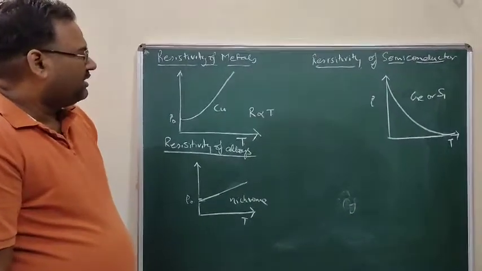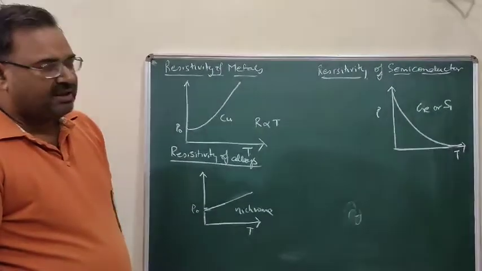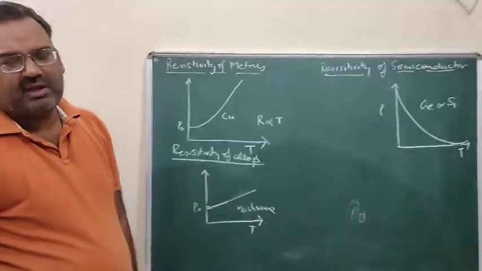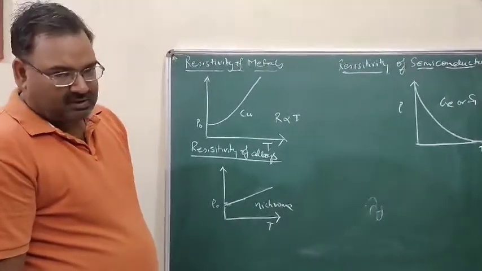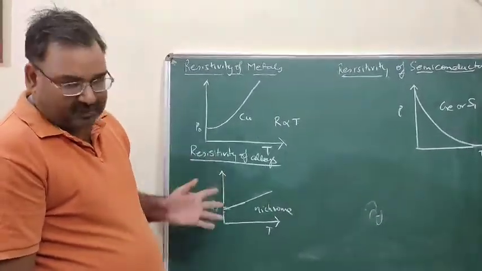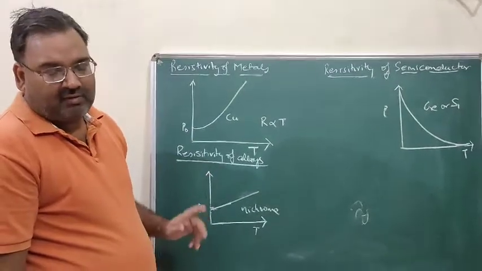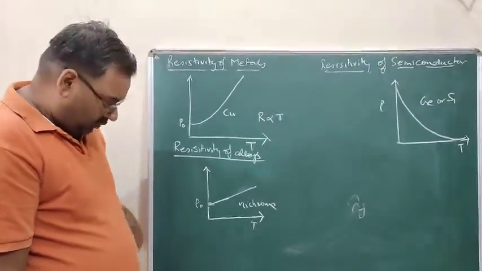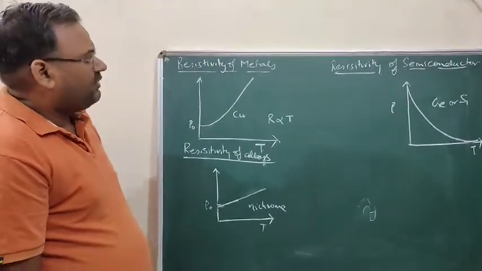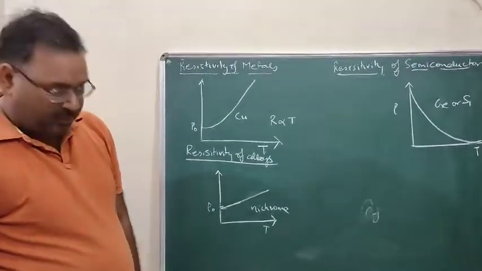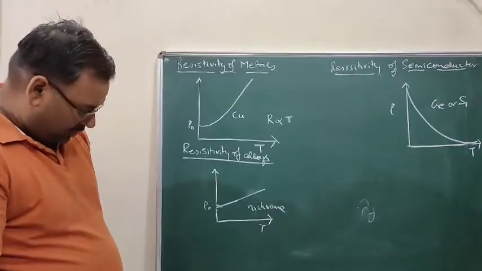Now we will see the variation of resistivity with the absolute temperature in the case of metals, alloys and semiconductors. These are represented by graphs. Graphs are very important; they are often asked in the examination. So we know that for the resistivity of a metal, resistivity is directly proportional to the absolute temperature.